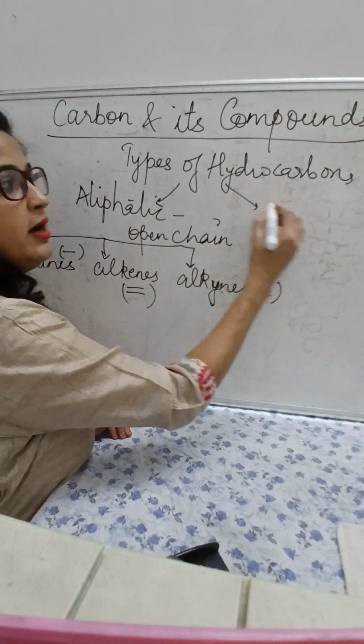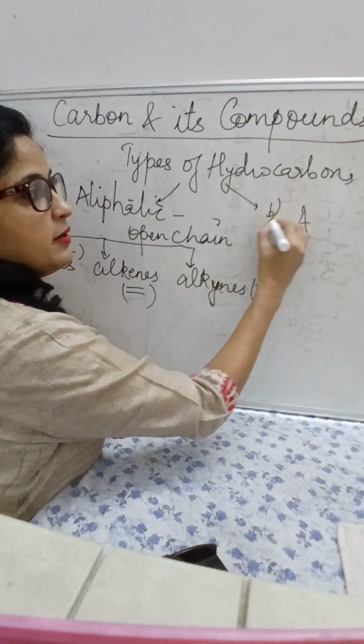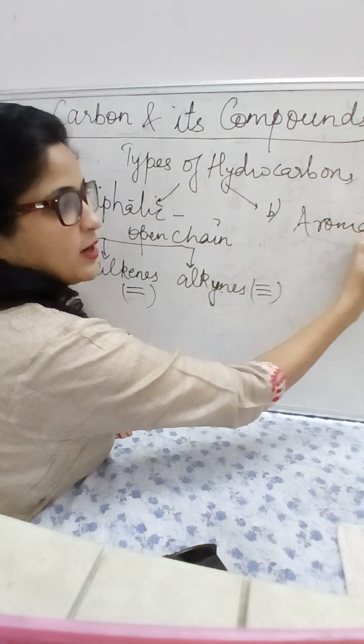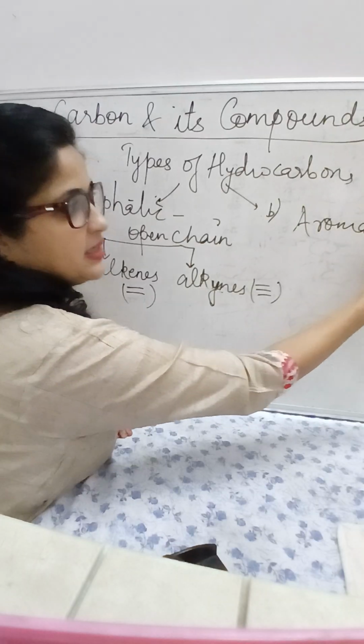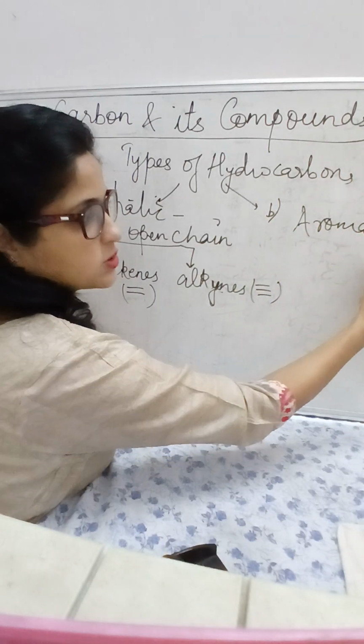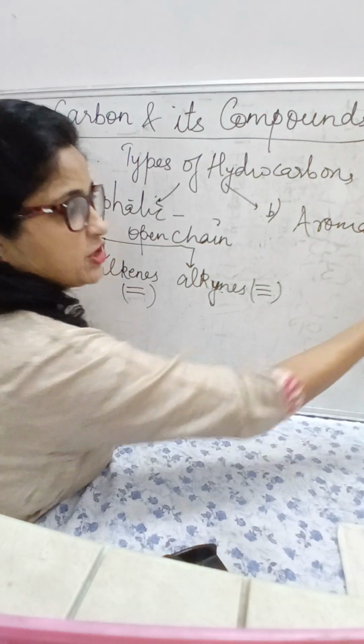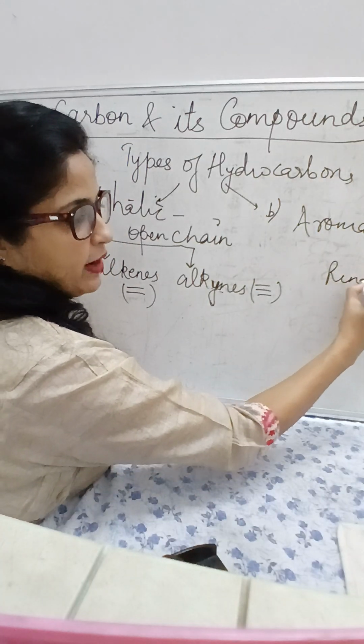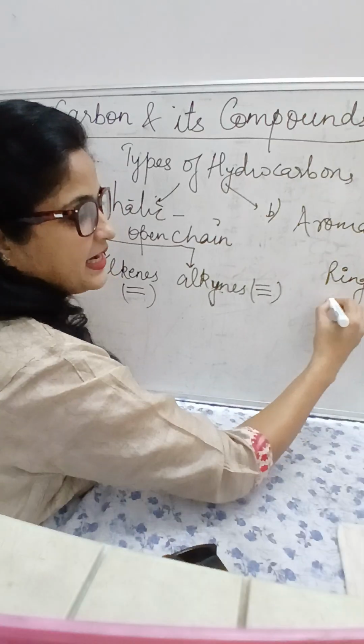And the second one is aromatic. The first one was aliphatic; this is aromatic compounds, which basically consist of ring or cyclic compounds.